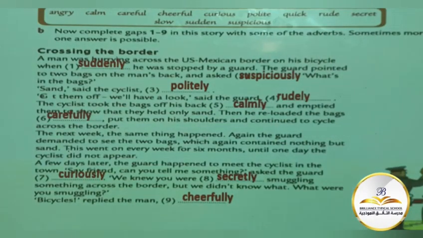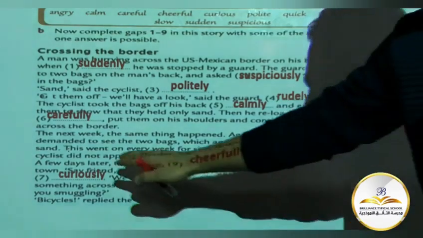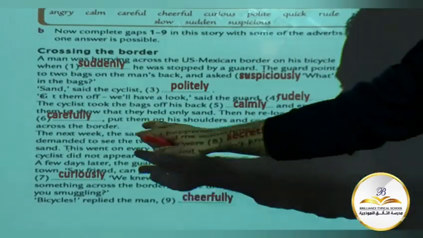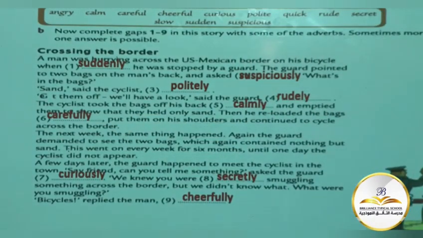We'll have a look," said the guard rudely. The cyclist took the bags off his back calmly and emptied them to show that they held only sand. Then he reloaded the bags carefully, put them on his shoulders, and continued to cycle across the border.